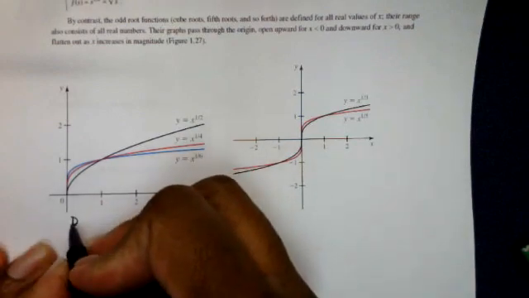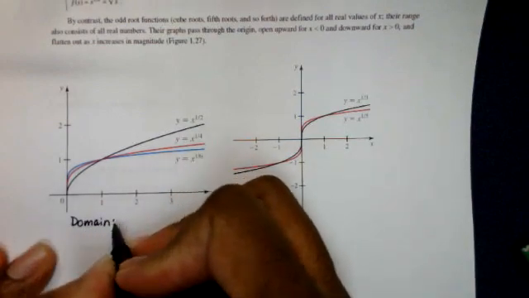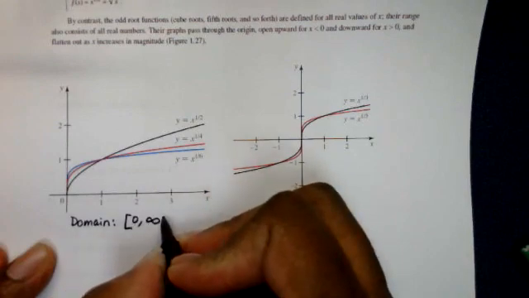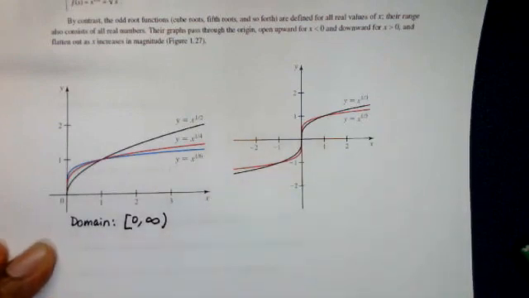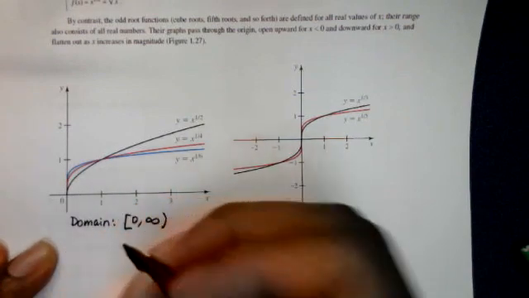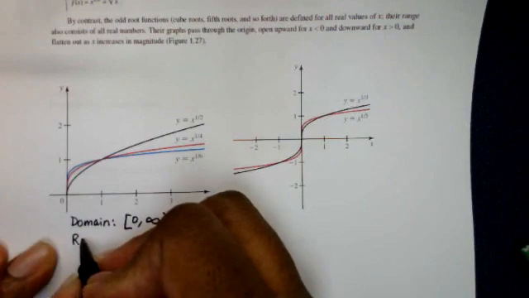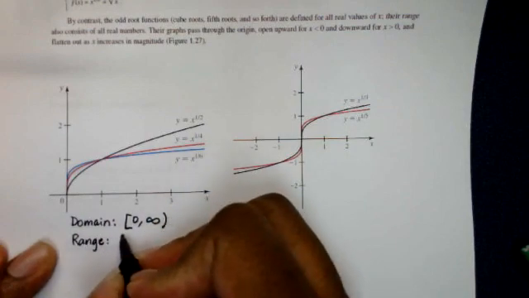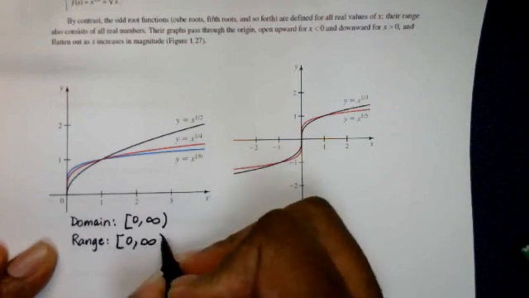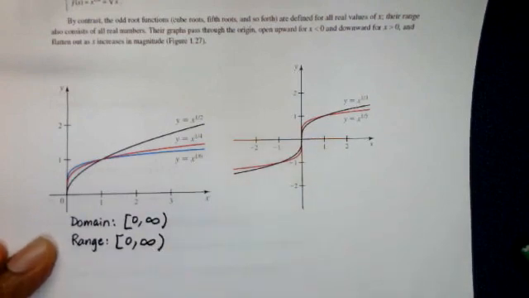So in this case, in interval notation, the domain is just going to be from 0 to infinity. The range, same thing, 0 to infinity. Because we cannot take the fourth root of a negative number or the sixth root of a negative number or the square root of a negative number. Those are undefined.